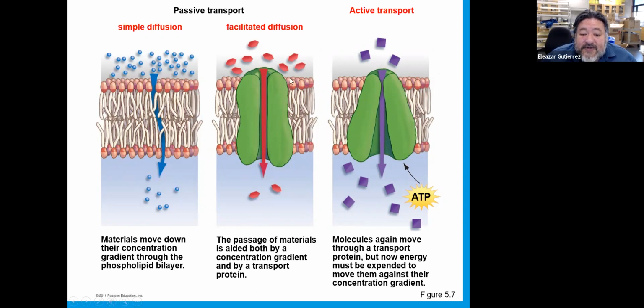With facilitated diffusion, the passive movement is aided by both a concentration gradient, we already know that, and by a transport protein. Now, why is this? The reason is because in the example here, we're using little sugar, glucose. And as you know, glucose is polar. How do we know it's polar?